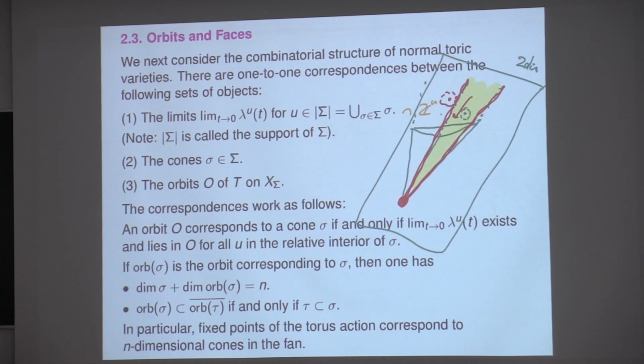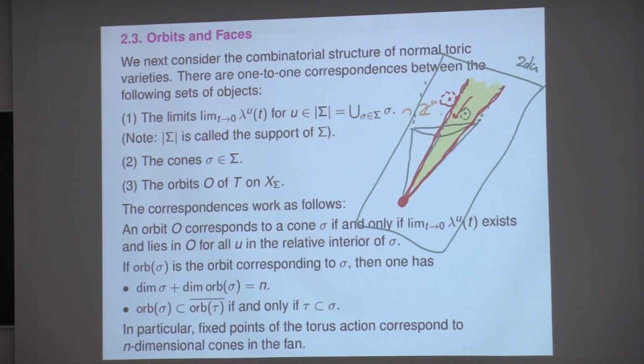For example, when you take the 0 cone, it corresponds to the torus. One goes through the procedure to compute the orbit, and one actually gets the torus, so it's verifying that at least in that case this is true, and we are claiming it's true always. So, for example, if you have a cone of dimension 1, which we call a ray, the corresponding orbit has dimension n minus 1.